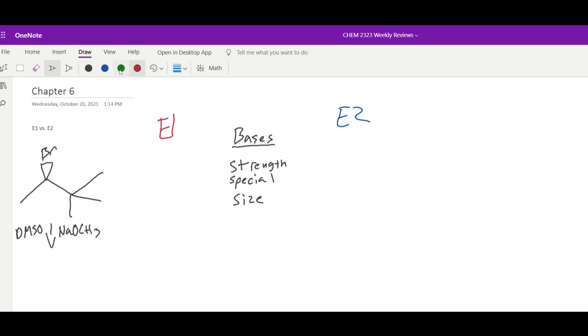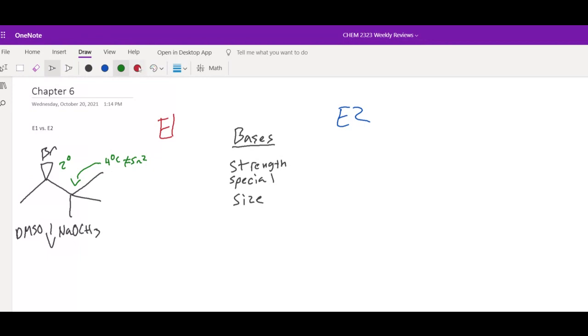So I am on a secondary leaving group, which is adjacent to a quaternary carbon. I believe I mentioned this, and if not, you guys will know: any leaving group at a position adjacent to a quaternary carbon automatically equals no SN2.